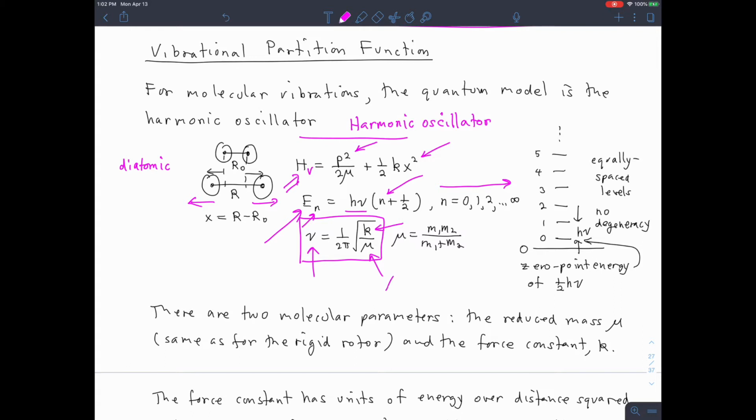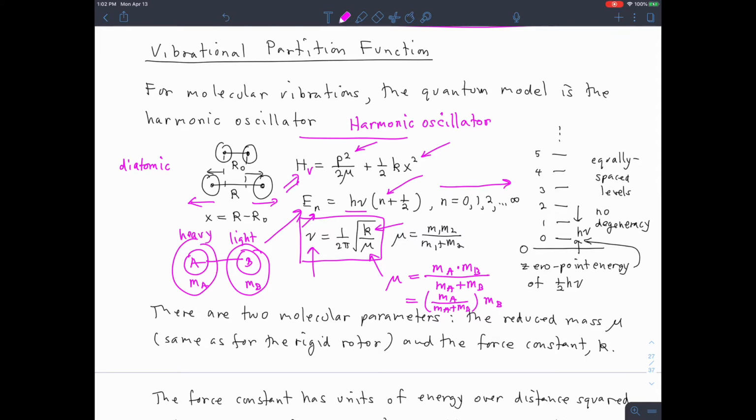We talked about the reduced mass last time. If I have a diatomic molecule with atoms A and B, and mass Ma and mass Mb, then the reduced mass is Ma times Mb divided by the total mass, Ma plus Mb. And remember that that can be written as Ma over Ma plus Mb times Mb, where I'm assuming, as before, that Mb here is the light molecule and Ma is the heavy one.